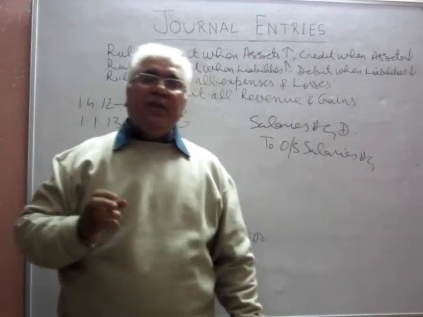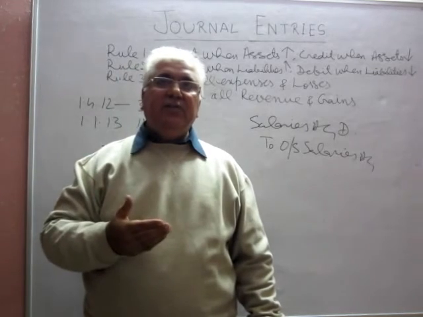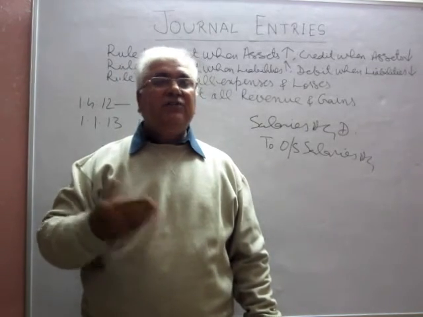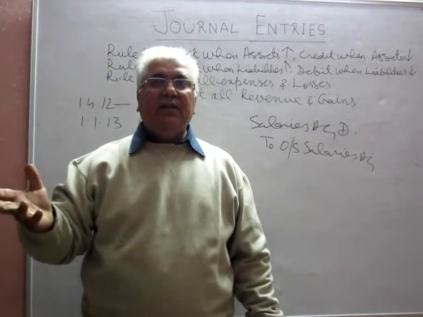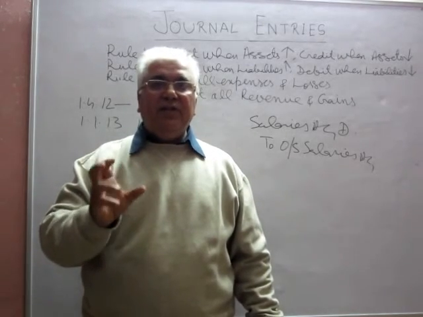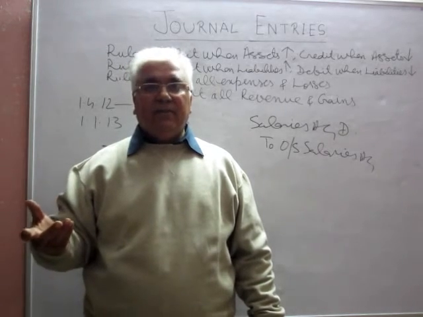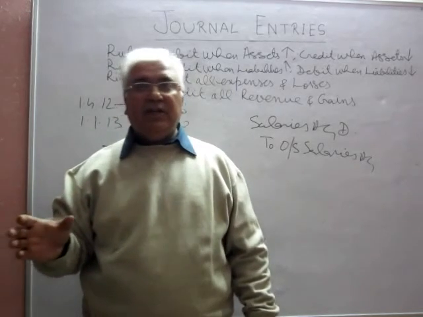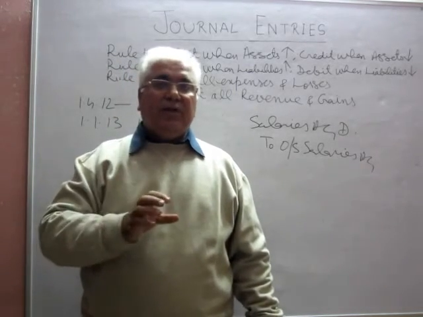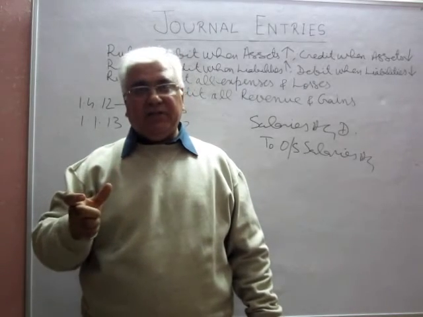For example, if I buy a machinery for 10,000 rupees and the estimated life of this machinery is 5 years, and if I go by straight line method, so naturally it means every year my machinery will reduce by 2,000 rupees. Now 2,000 reduction in the value of my machinery has to be booked. It is an expense for me, and that expense is called depreciation.